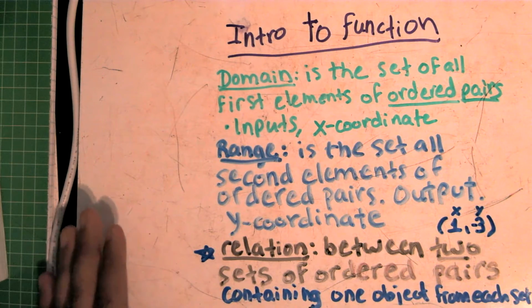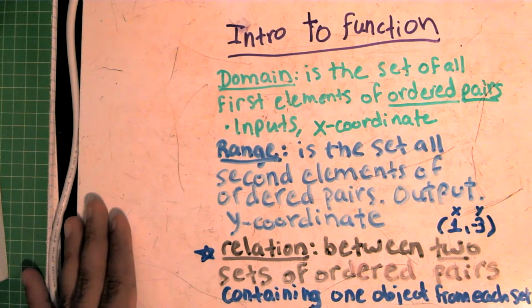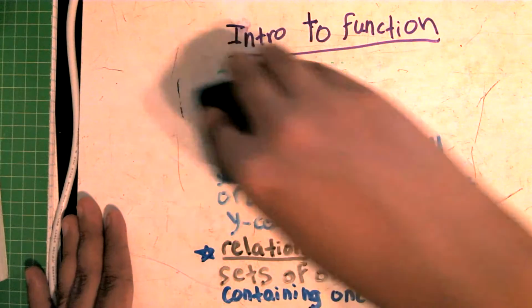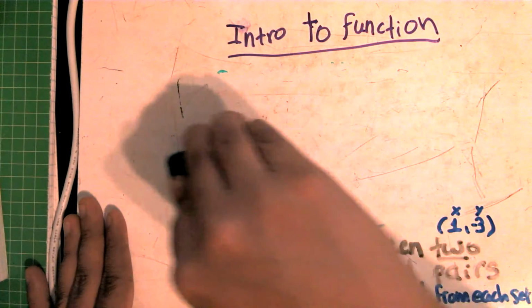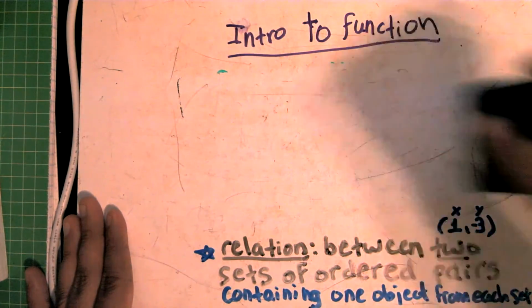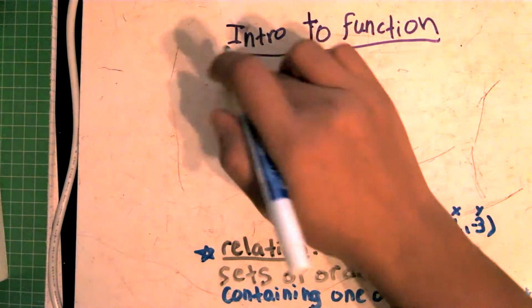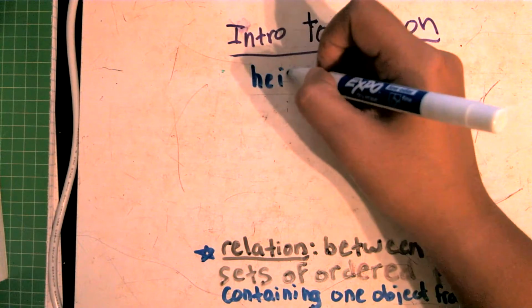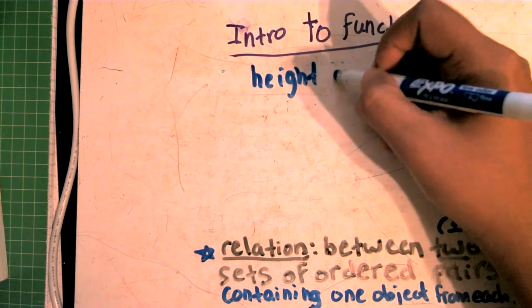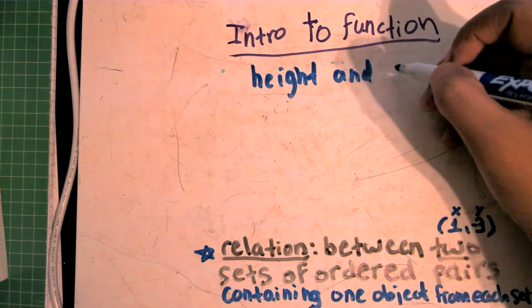Now there are many examples of relations. I'm going to erase now. Many examples of relations in real life. Like, for example, my height and age.